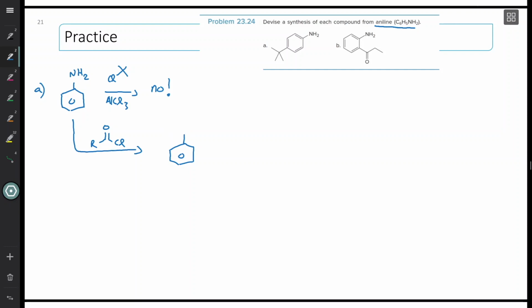I'm going to make the amide this way. Right, so still one hydrogen there. And now we can go ahead and do what we wanted to do with the Friedel-Crafts. And this will give us both the ortho and the para.